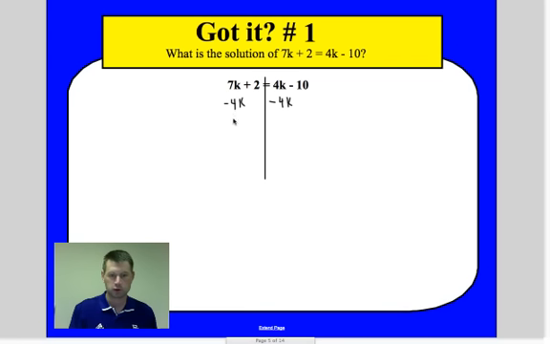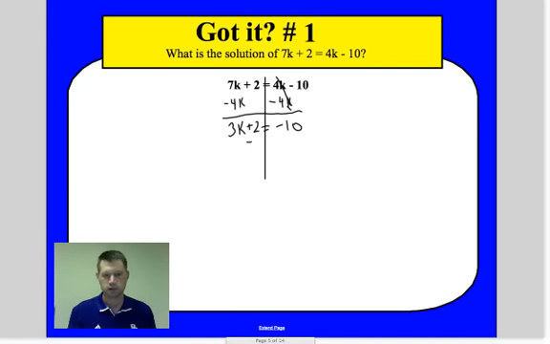We did it on both sides of this equation. 7k minus 4k, we get 3k left over. We still have the plus 2, and then 4k minus 4k cancels, equal to a negative 10. Don't forget this negative. That's minus 10. It's still negative 10.